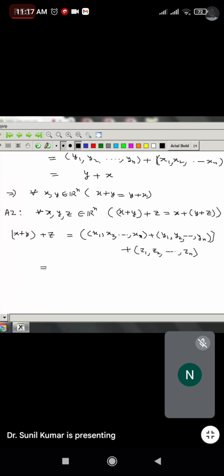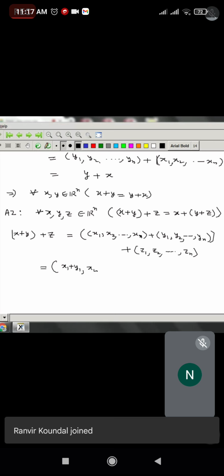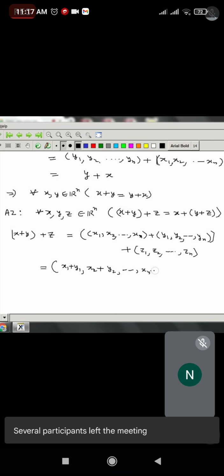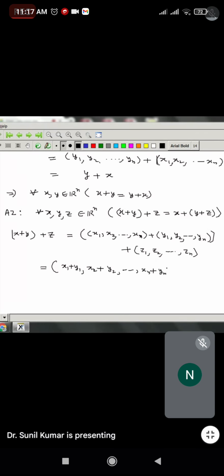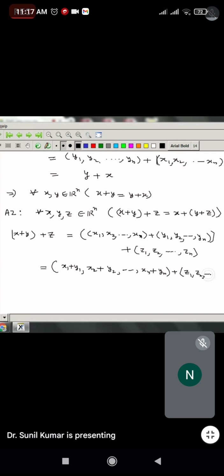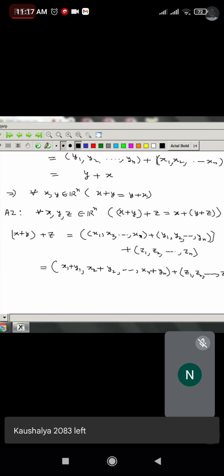Now in the first bracket, how can we add these two vectors? We can write this as (x1 plus y1, x2 plus y2, so on xn plus yn). And plus, now we add with the new vector, that is (z1, z2, ..., zn).